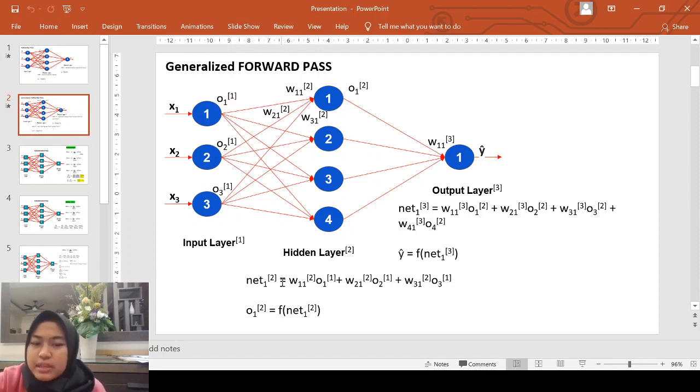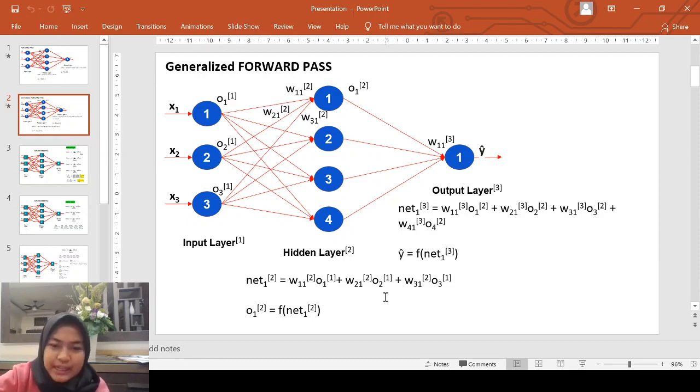So net 1 of layer 2 is equal to W11 of the second layer multiplied with the output of the first neuron of the first layer, plus W21 of the second layer multiplied with the output of the second neuron of the first layer.